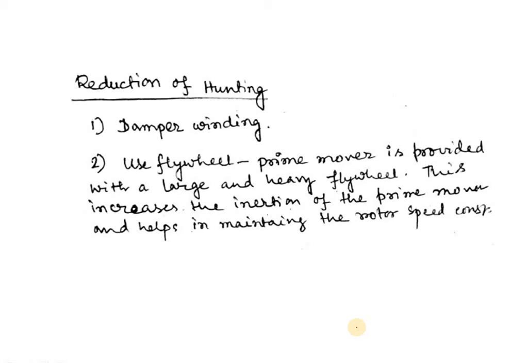and this will increase the inertia of the prime mover. Why does the inertia increase? Because the flywheel is very large and heavy. If a large flywheel, which is very heavy and large, is connected to the prime mover, then definitely the inertia of the prime mover will automatically increase, and that will help in maintaining the rotor speed constant.